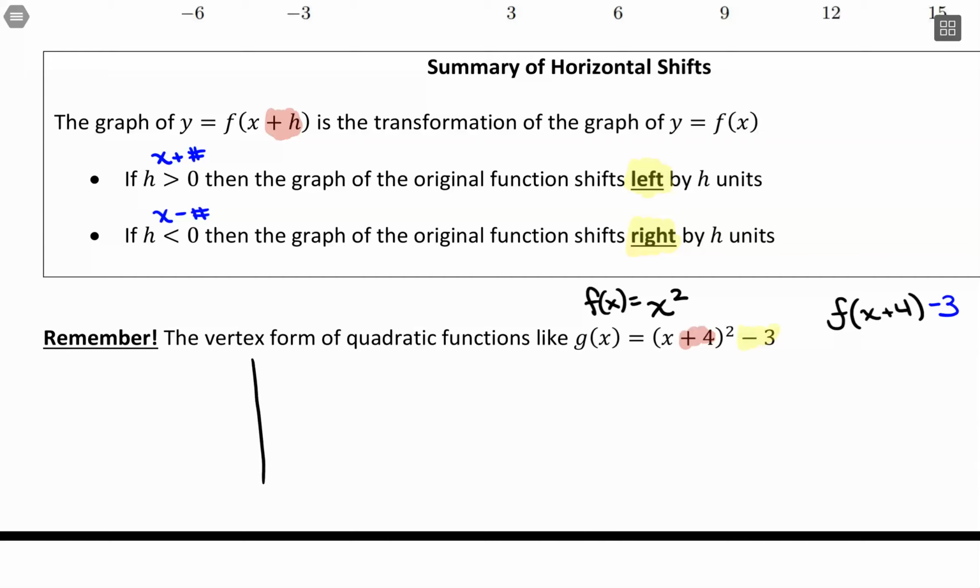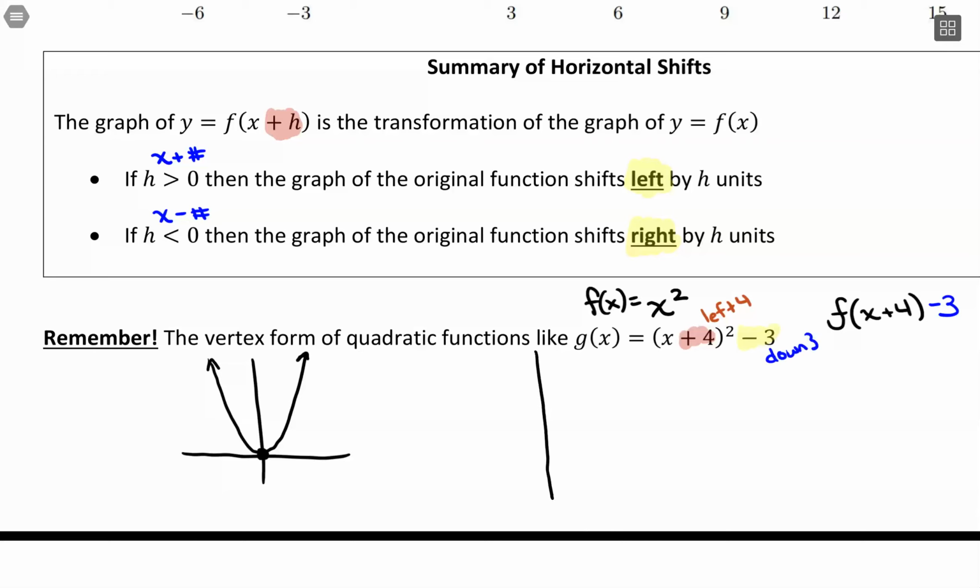And then it just happens to be that my function is x squared. So if we think in terms of a transformation, my original function is the quadratic that goes through the origin. But what this would tell me to do, with the plus 4, that tells me to go left 4, and the minus 3 tells me to go down 3.